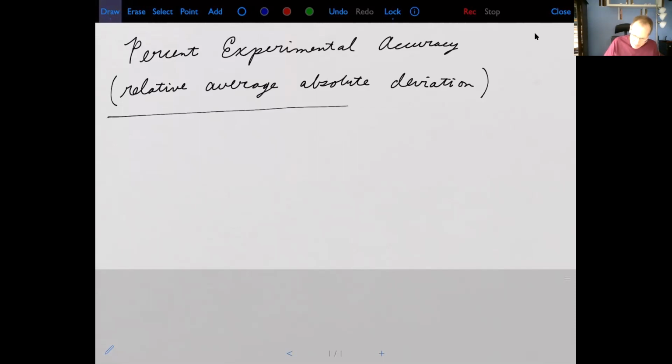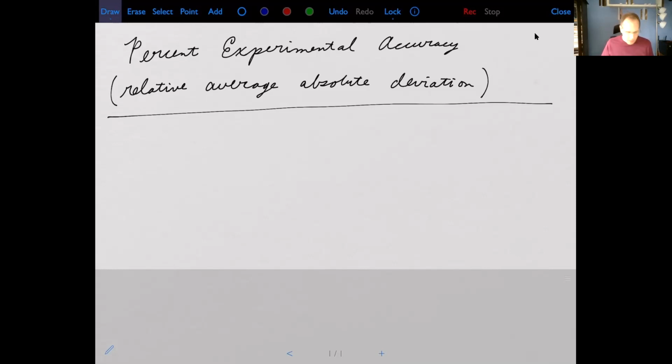If you remember from last semester, percent experimental accuracy is not really a great name for this measure because it's really not a measure of accuracy. It's a measure of precision, right? It's a measure of the variability. However, we're kind of stuck with it because this is a name that is used throughout the lab manual, and the lab manual was written way back in the early 1970s, where this term was used. So we're kind of stuck with it. So just remember, accuracy is a measure of the variability.